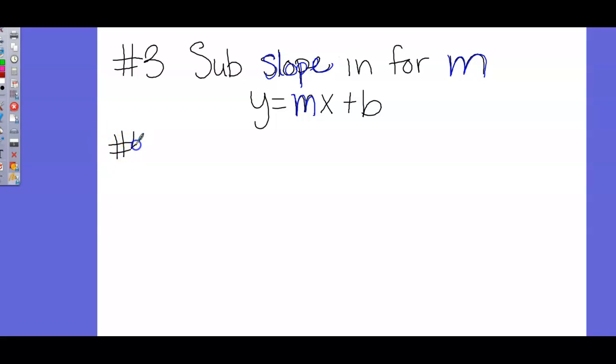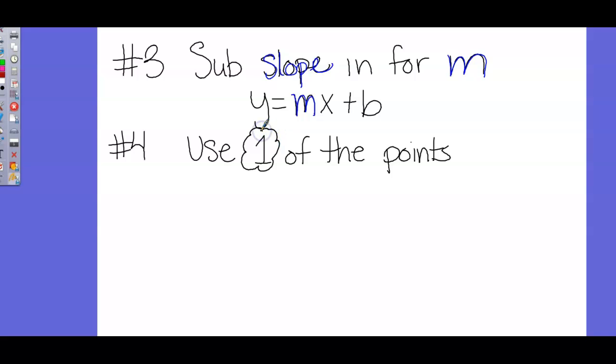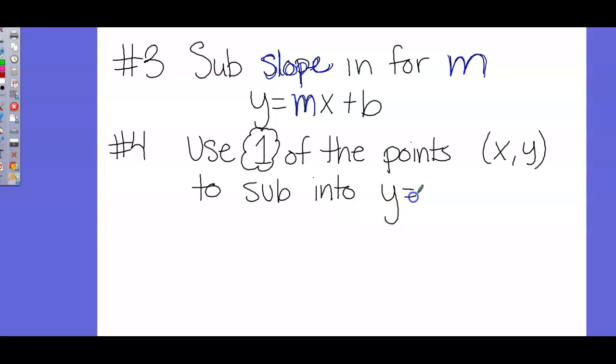Step number 4, you're going to use one of those points, x comma y, to sub into y equals mx plus b.